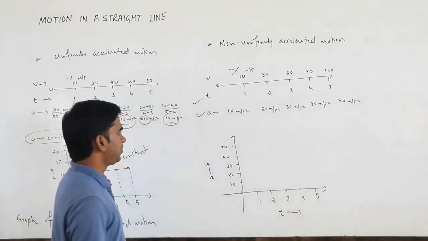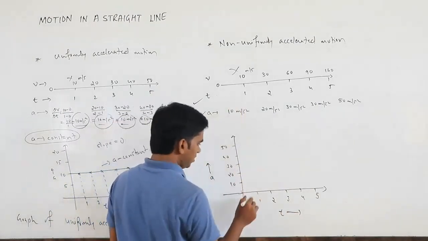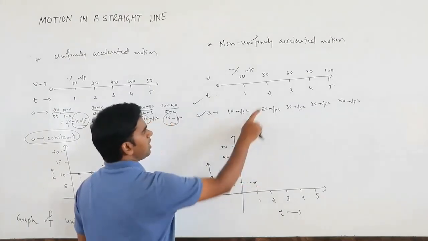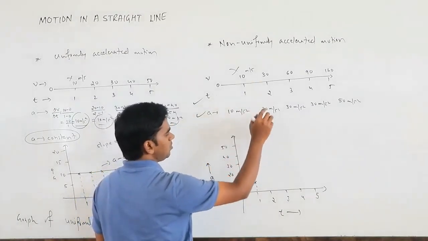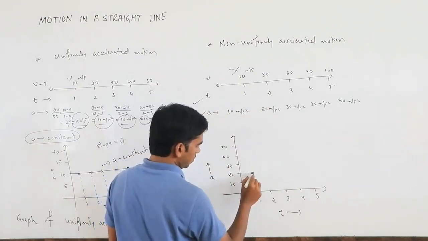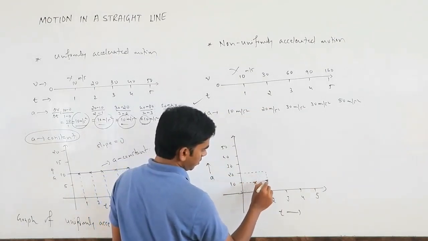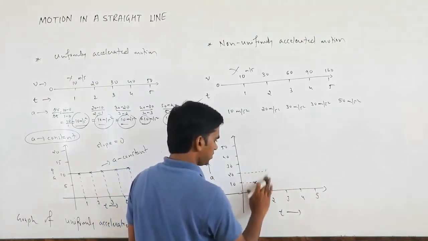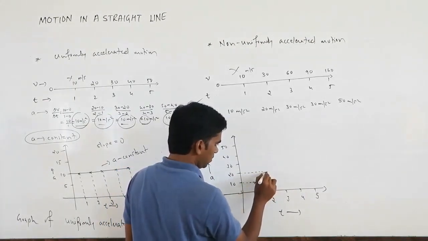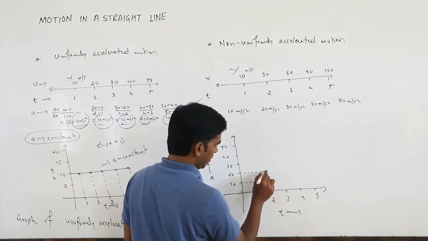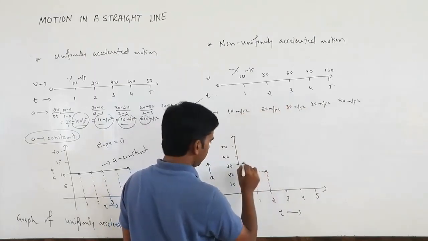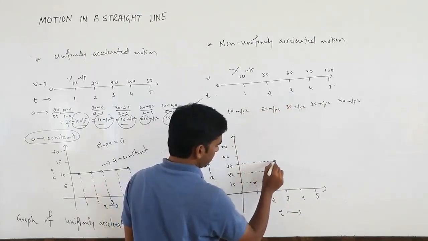When time is 1 second, acceleration is 10. This is the first point. When time is 2, acceleration is 20. For 3 seconds it is 30.